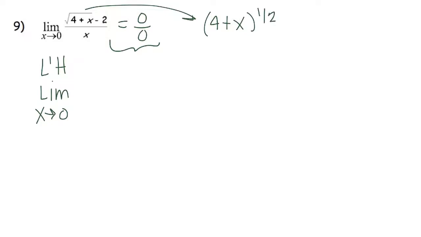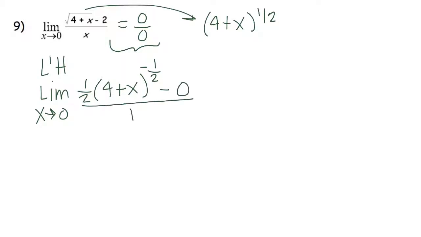So if I take the derivative of that, I get 1/2 times 4 plus x, all raised to the negative 1/2. Now don't forget to do the derivative of the inside, but the derivative of the inside is 1. So if you forgot it here, it's okay, but be careful. Minus derivative of 2 is 0, over derivative of x is 1.